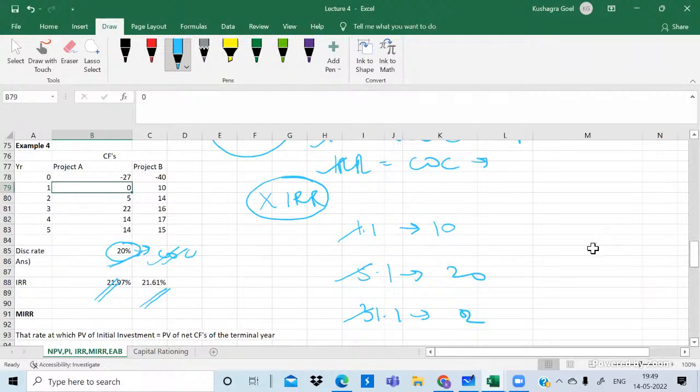Why is it used in mutual funds? Let's say I'm investing in Axis Blue Chip Fund. When you're investing, it is not necessary that you will invest every month on the same date.